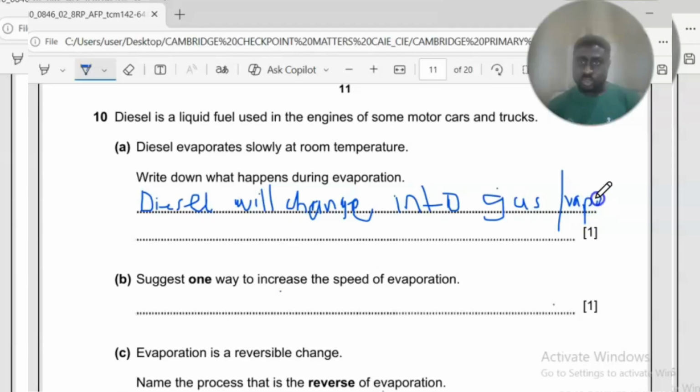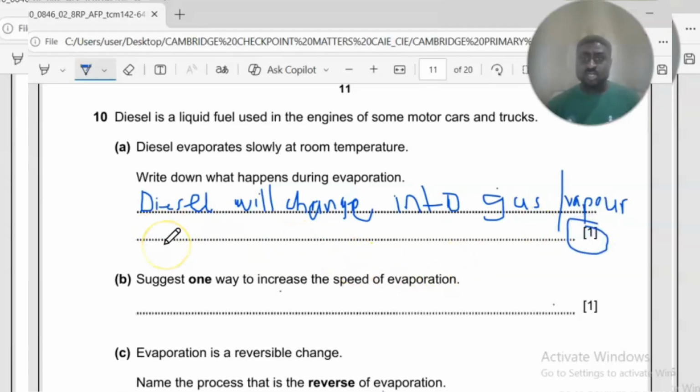Simply put, the particles or the molecules of the diesel, which is in liquid form, will change into gaseous or vapor form through the process of evaporation, and that goes for 1 mark.